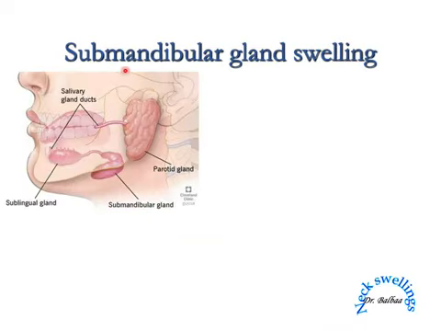The second gland is the submandibular salivary gland, and anatomically, as you see, the submandibular gland is in the furrow just under the lower edge of the mandible. So some parts of the submandibular gland are underneath the lower edge of the mandible.